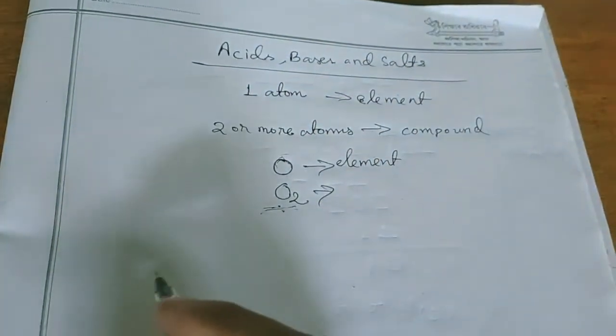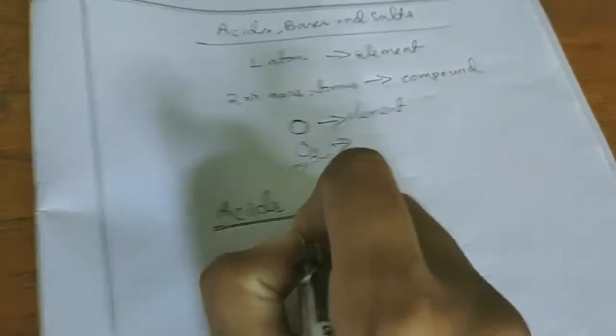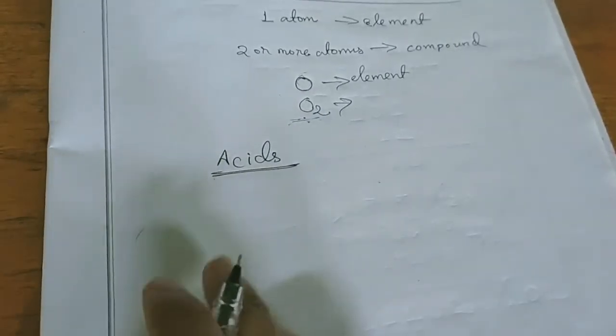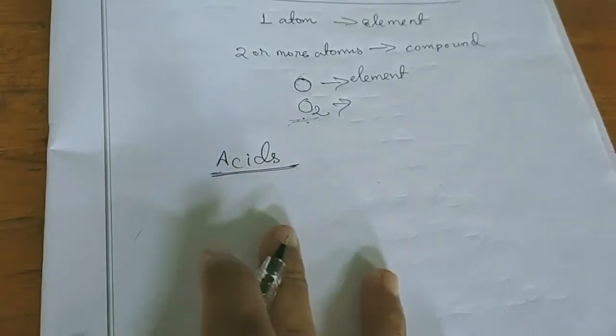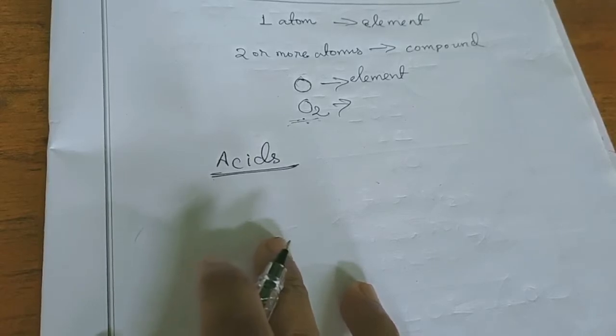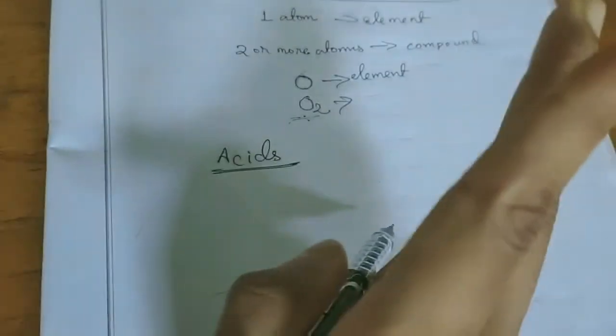Okay, now let's learn about acids. What are acids? So acids are compounds in which one of the elements that makes up the acid molecule is always the hydrogen element. What does that mean? Acid is a compound, meaning acid has more than one atom.